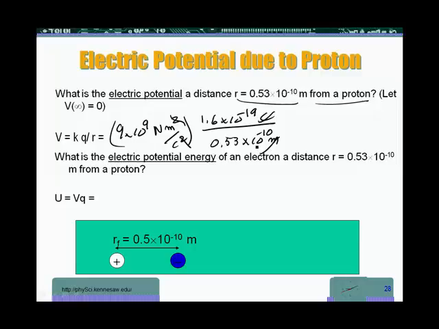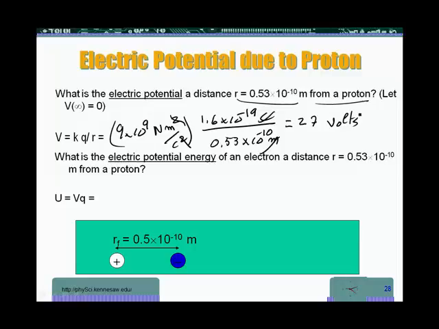So we have 9 times 10 to the 9, times 1.6 times 10 to the minus 19, divided by 0.53 times 10 to the minus 10. So that gives us quite a large electrical potential, 27 volts.